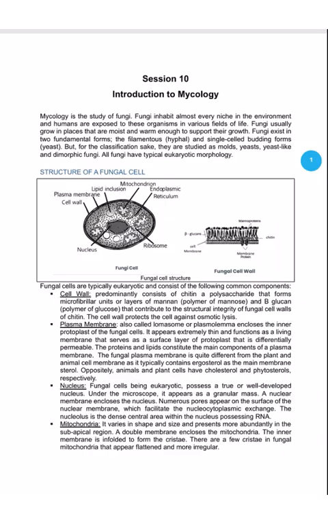Fungi are found or exist in two fundamental forms, either as unicellular, that means one cell, and this we call yeast, or multicellular in form of filaments, and this we call hyphal fungi.